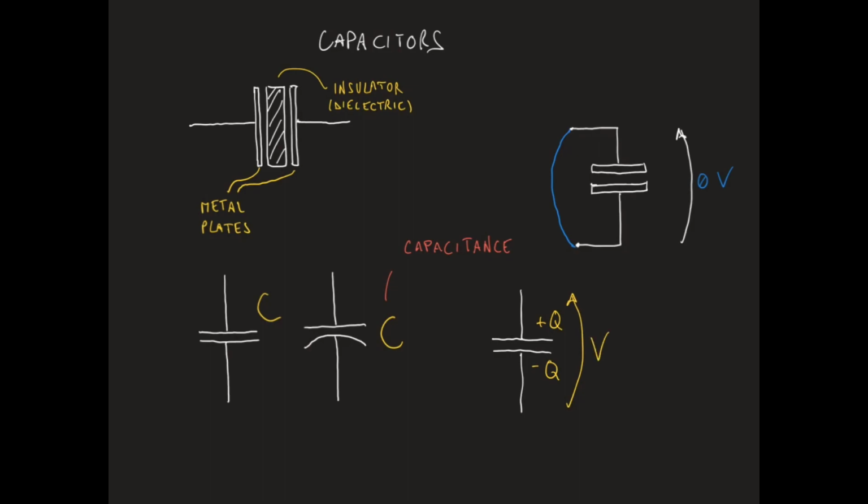So C is equal to Q over V. The unit of measurement of the capacitance is the farad, indicated with the letter F. By definition, 1 farad is equal to 1 coulomb divided by 1 volt.